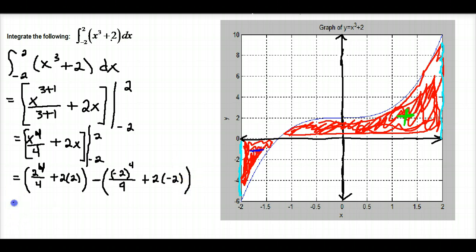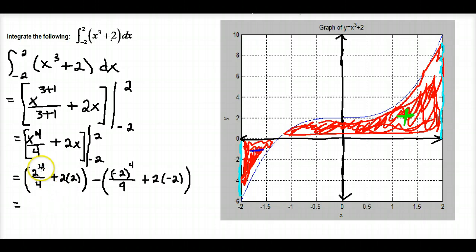Okay, and so now from this point, this is just evaluation here. So this is 2 to the 4th power. I know that looks kind of funny, so I'm going to try to write that again.